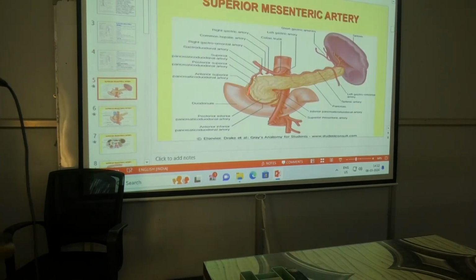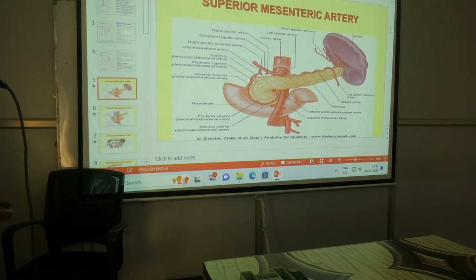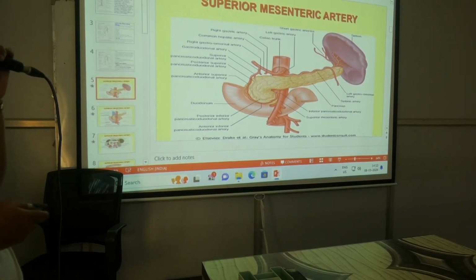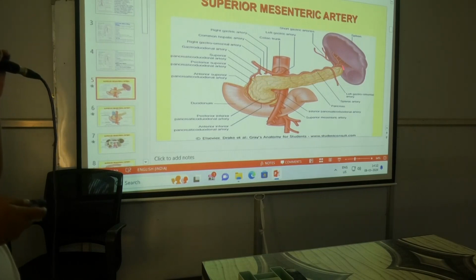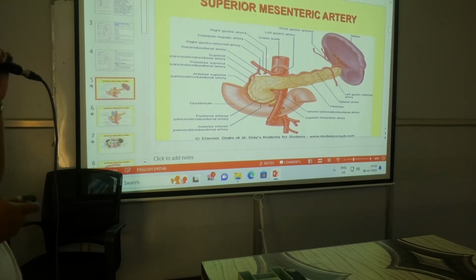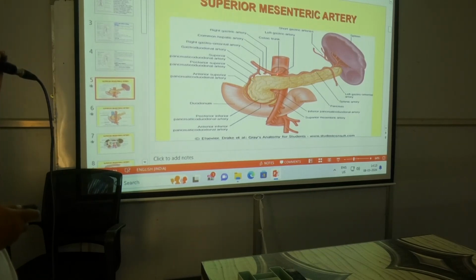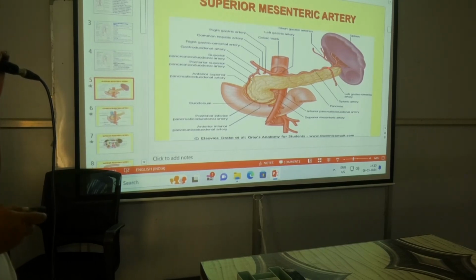Next, see the relation. See, this is the head, neck, body and tail of the pancreas. The tail is entering into the hilum of the spleen. Along the upper margin of the body of pancreas, this tortuous splenic artery is going, which is a branch from the celiac trunk. See, this is the celiac trunk, three branches: left gastric, common hepatic, and this is splenic.